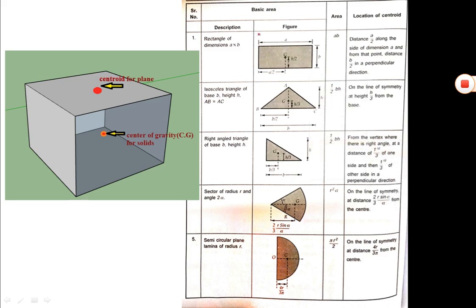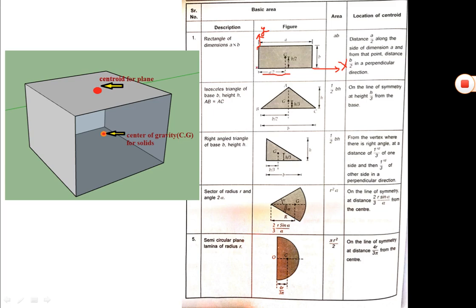If I plot the x and y axes to it, something like this, this as the x-axis and this as the y-axis, then from the y-axis the centroid is at a distance of a by 2, that is half of the width.